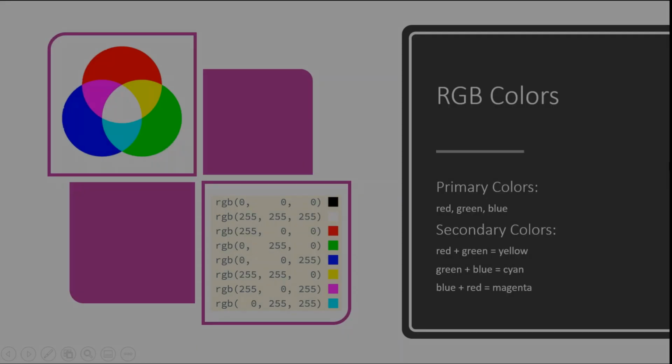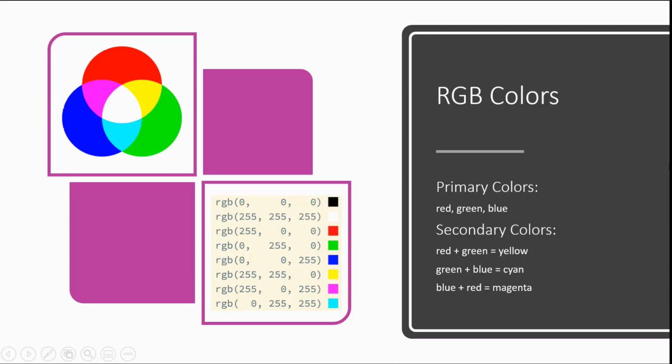So when I say RGB colors, I'm talking about the colors red, green, and blue. And pretty much the main idea of RGB is that the colors red, green, and blue can be defined in a specific ratio to get any color that you want. So for instance, if I wanted the color black, I would have to turn all of these colors off and then I'd get the color black.